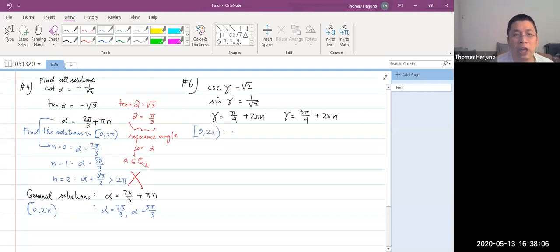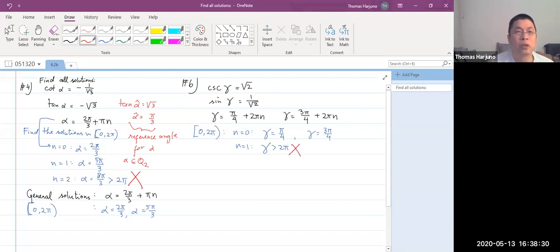Then you play with the n. When n equals 0, gamma is pi over 4, gamma is 3 pi over 4. When n equals 1, gamma is more than 2 pi for both of them. That's why I will cross it out.